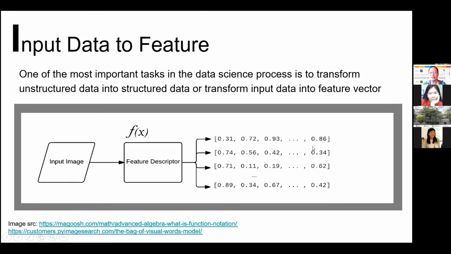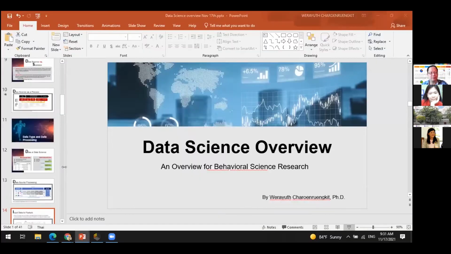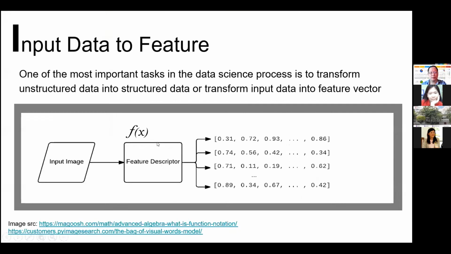I'll show you an example. If we have an image, it could be a picture of someone. Once we have an image, there's some function, maybe called f(x), some function of x, and x would be this image. The image will be transformed into a vector of numbers. There are different functions, not a single function.